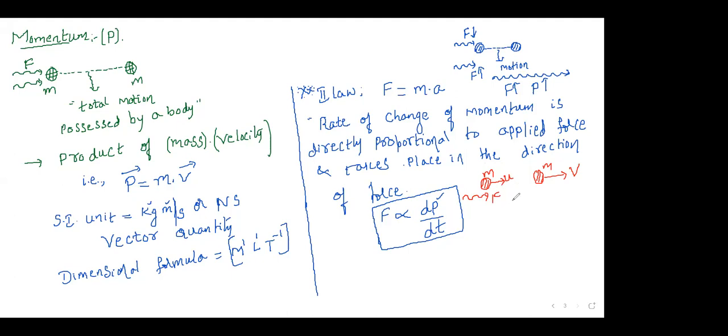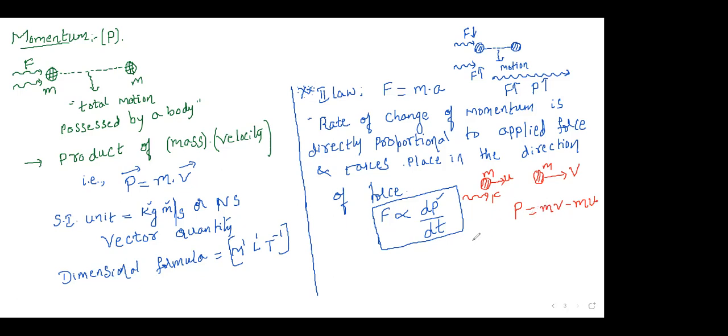Now, if you apply this force to change the velocity to v, the body gets accelerated. Can you tell me how the momentum is defined? Momentum is mv. After applying the force, the velocity has changed from u to v. So what is the change in the momentum? The change in the momentum is nothing but mv minus mu.